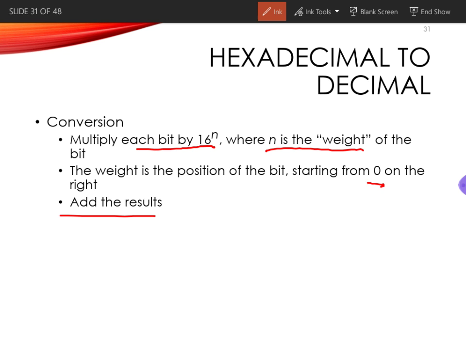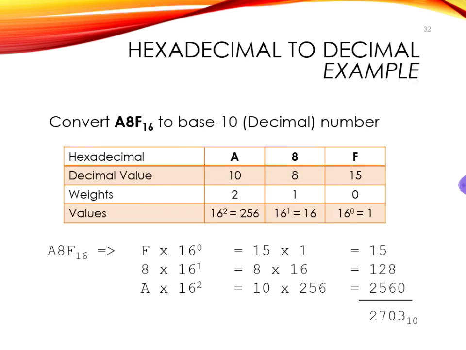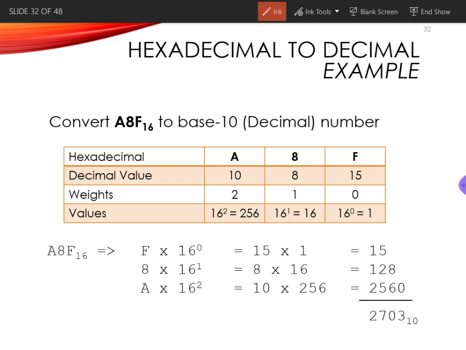Finally, we add all the results. So let's see how this works out. So let's convert A8F, a base 16 number, to base 10, which is a decimal number.